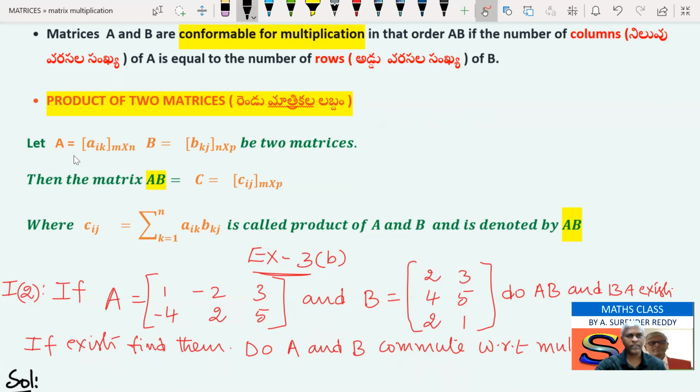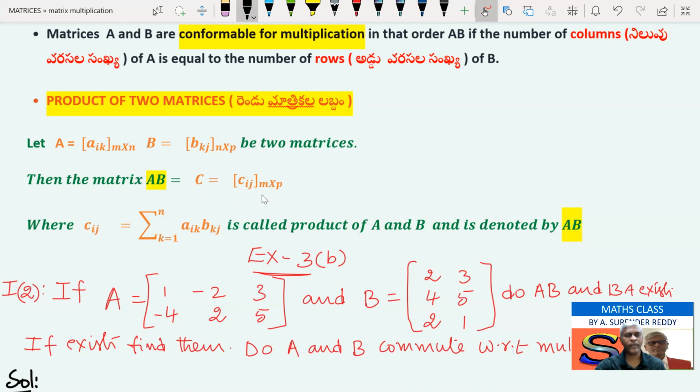If A is a matrix with m rows and n columns and B is a matrix with n rows and p columns, here clearly the condition is satisfied, then you can multiply A with B, AB exists, and the product matrix AB, let us name it C, will be of order m by p.